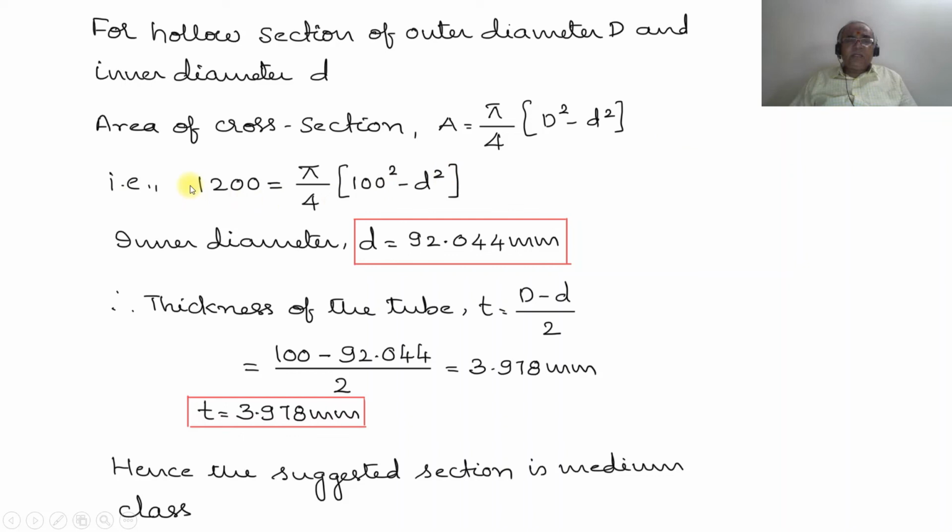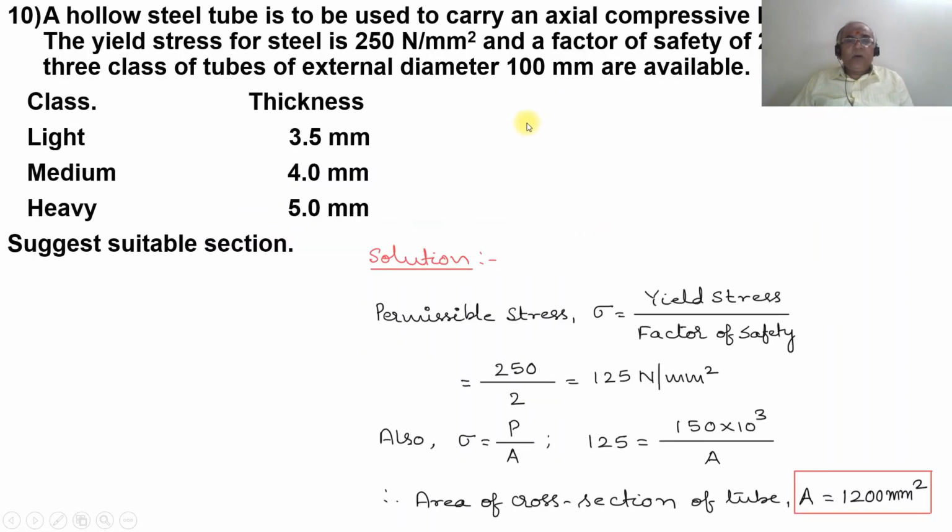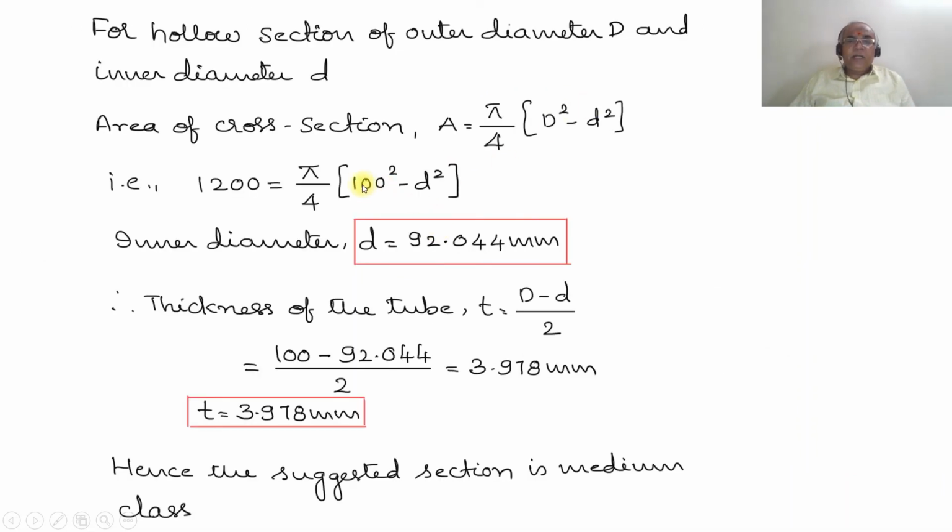Sorry, here the area of cross section is 1200 mm square, which is equal to pi by 4 into the outer diameter, which is given to be 100 mm. So you take 100 square minus d square. On simplification, the inner diameter comes to be 92.044 mm.